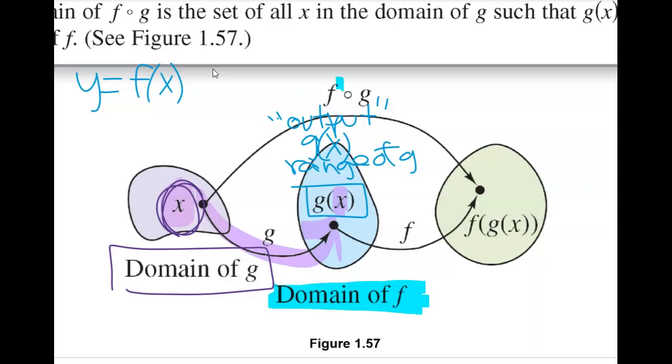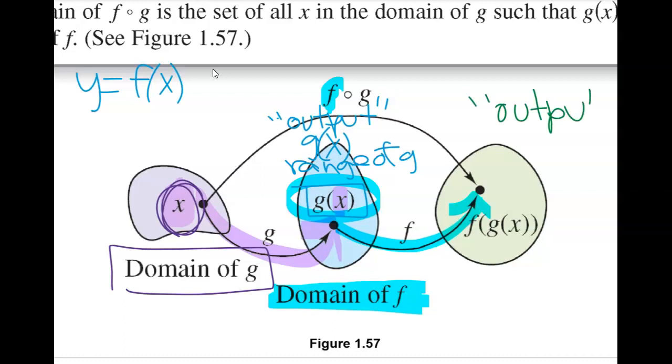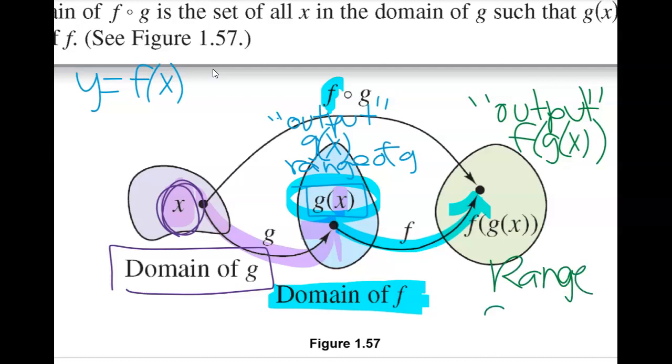Because we are finding f of g of x, that whole thing becomes the domain of f. And then we map that into the composition. And so here we have another output, but in this case, the output is the output of the function f of g of x. And we could also refer to this as the range of the composition.